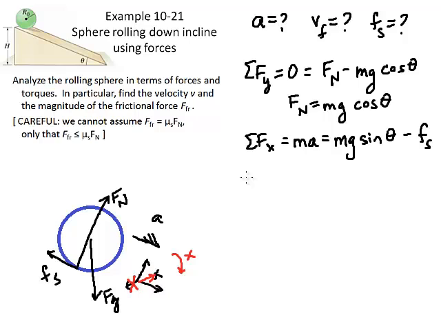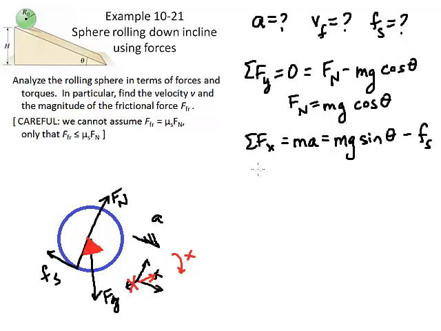So we need to look at another equation in order to get rid of all the unknowns that we have. What we're going to do is write a sigma tau statement. One of the ways that sigma tau can be used is if we're rotating around the center of mass, we can use the sigma tau with the fulcrum at the center of mass.